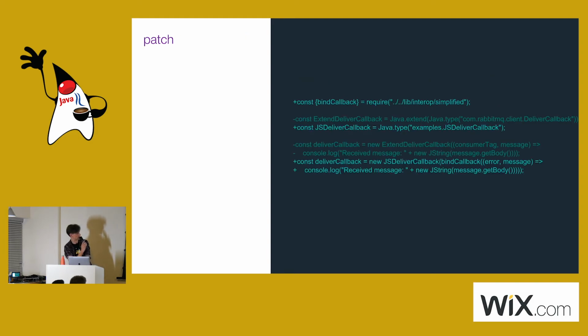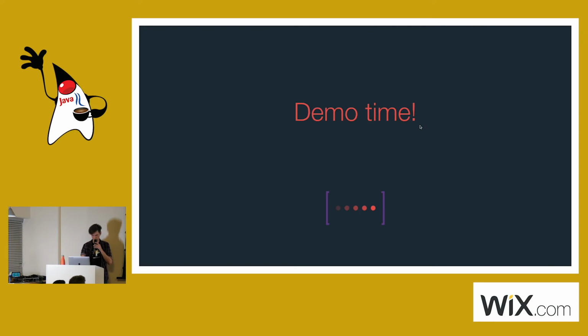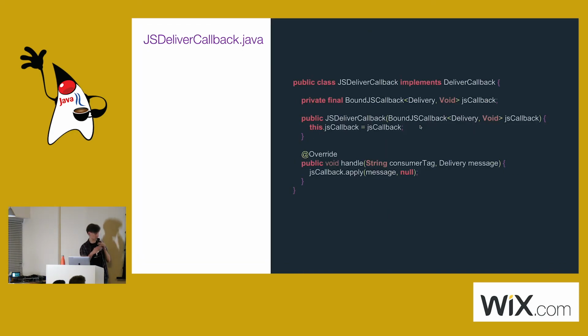So if we remember that previous example, now we have this magical bind callback function. This adapter is needed just so that we adapt to the API that the RabbitMQ client expects, and it cannot be in JS because you can't execute JS on another thread.